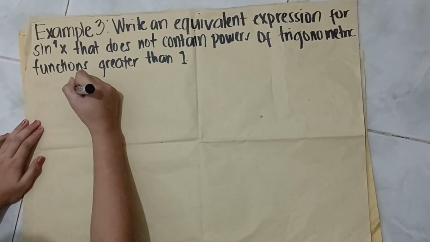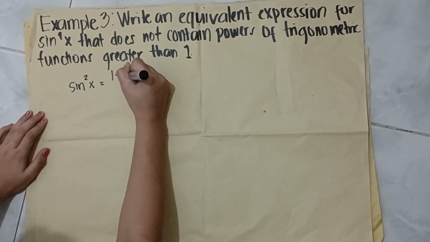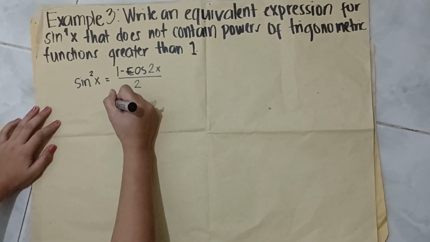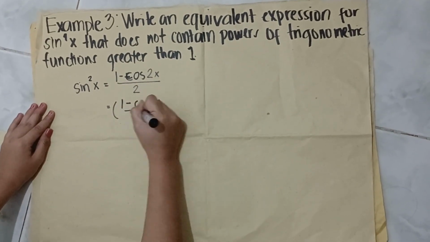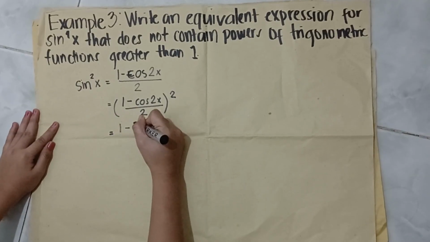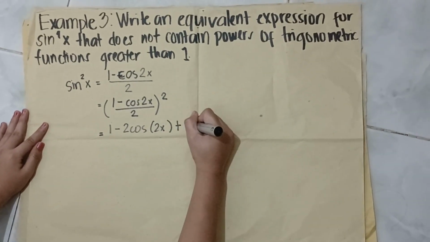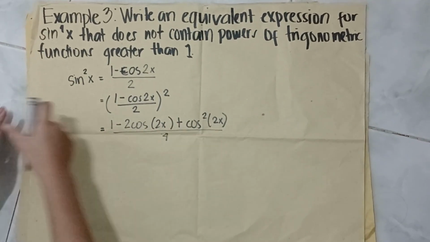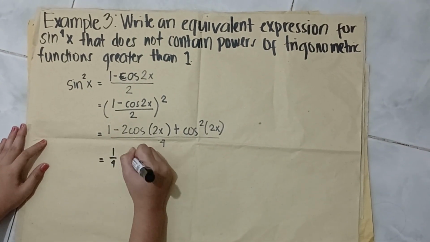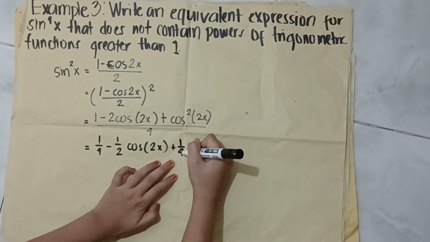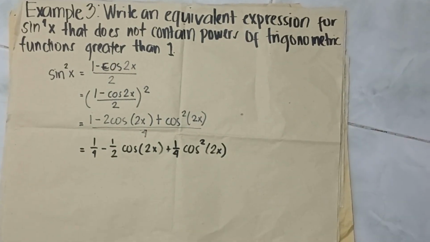Example number 3. Writing an equivalent expression. So, in this problem, to write an equivalent expression for sine to the power of 4x, we start to apply first the power reduction and expand the squared binomial.